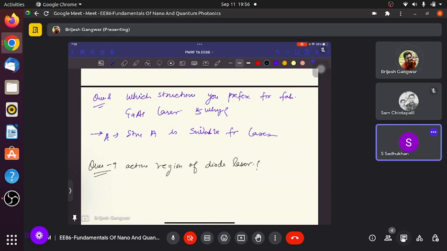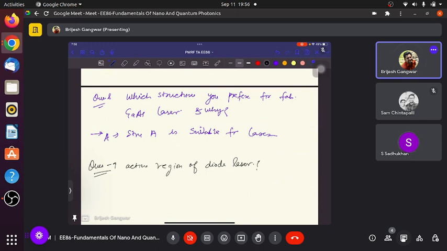Do you know the mechanism of an LED or laser diode? Diode means a binary junction, one side P and the other N, and they will recombine in the junction, and due to the recombination we will get some photons. Something like this could happen.